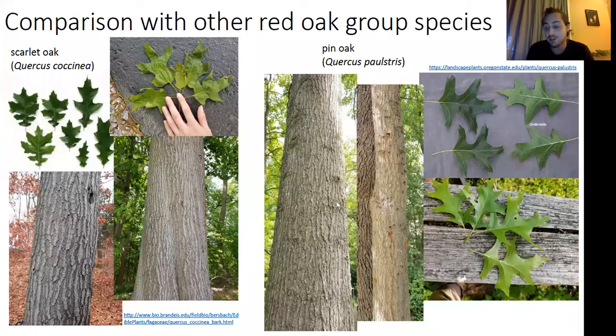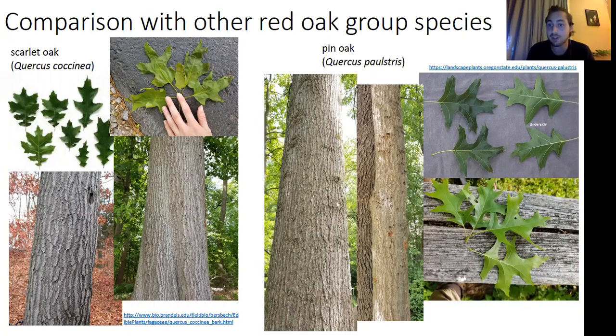Their acorns, though, are larger, and the acorns of the northern red oak are larger, and the cap doesn't cover as much of the acorn when compared to the scarlet oak, which has a much smaller acorn, with the cap covering almost half of the acorn. And the scarlet oak generally has 5 to 9 lobes, whereas the northern red will have 7 to 11.